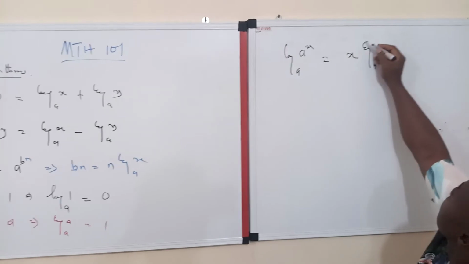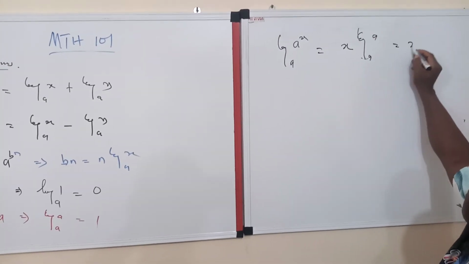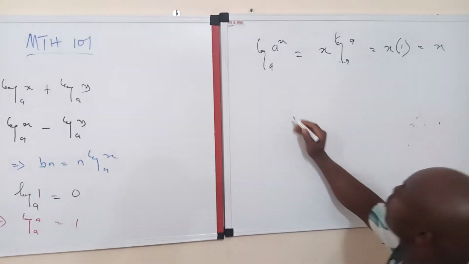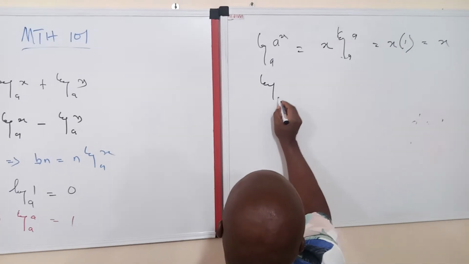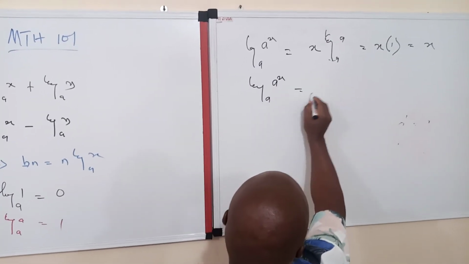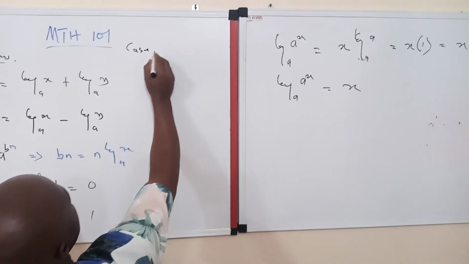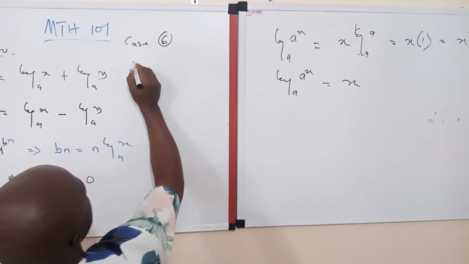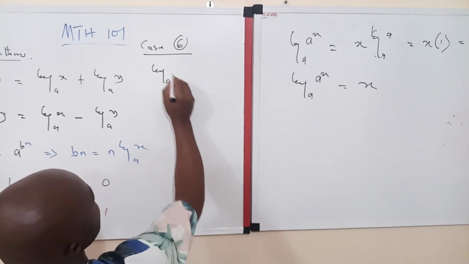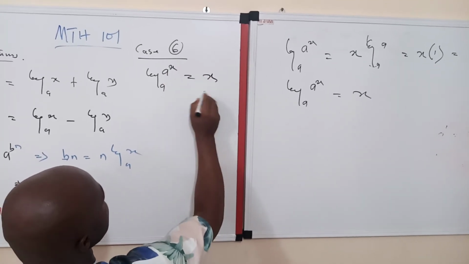So this other part here is 1. So we have x multiplying 1, which is equal to x. So the log in base A of A to the power x is equal to x. This is case 6.